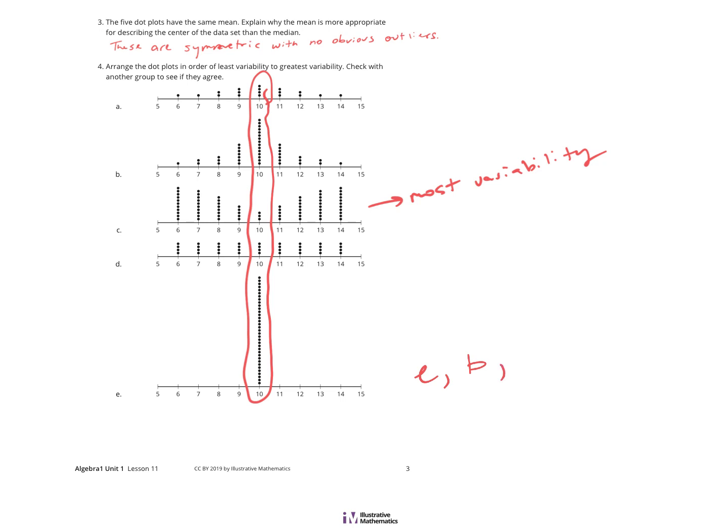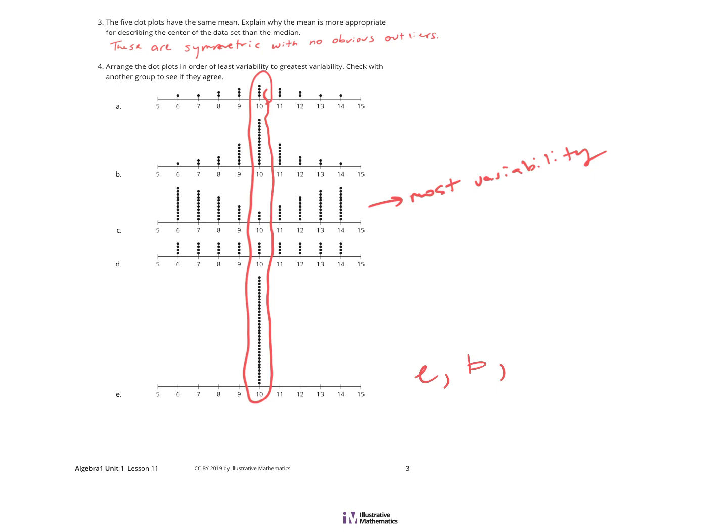And then we're comparing A to D. Now, A is a bell-shaped curve, right? We can see that it, again, has more points in the center. And if you went out one further, you would see that most of the data points fall between 9 and 11.